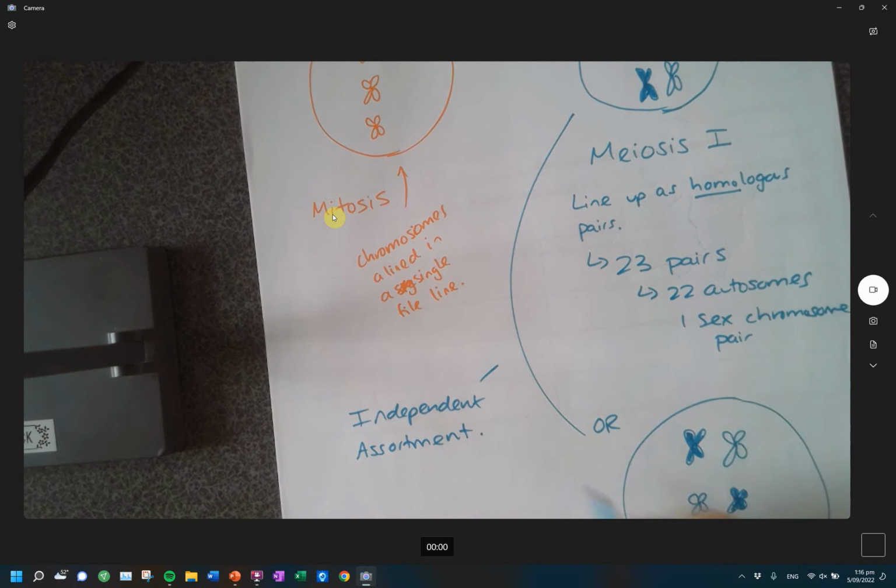So with that independent assortment, the homologous pairs line up on their own. So we get lots of different combinations when the cell divides.